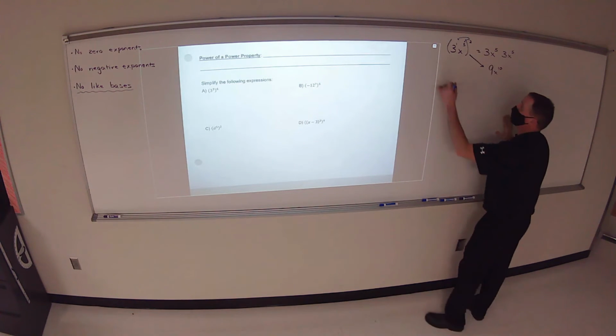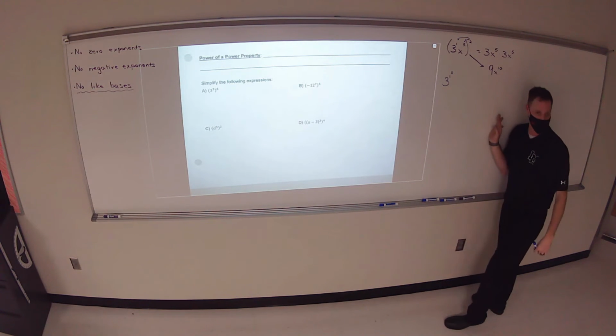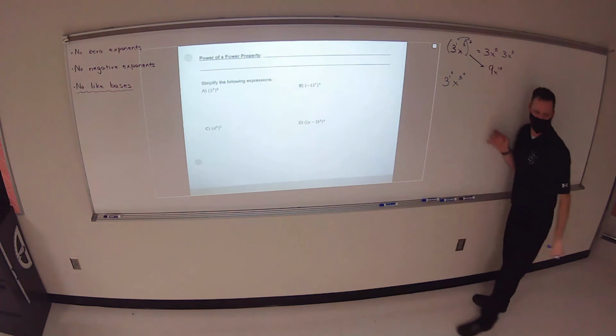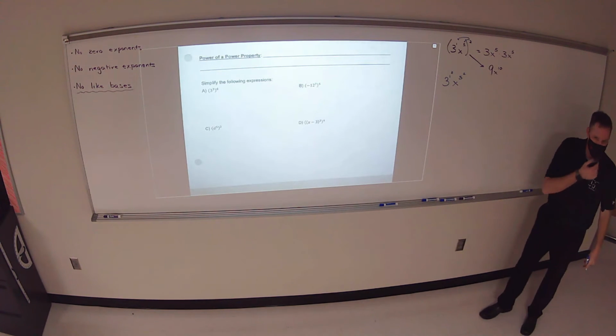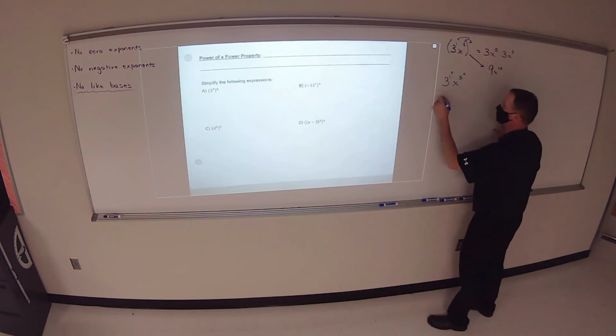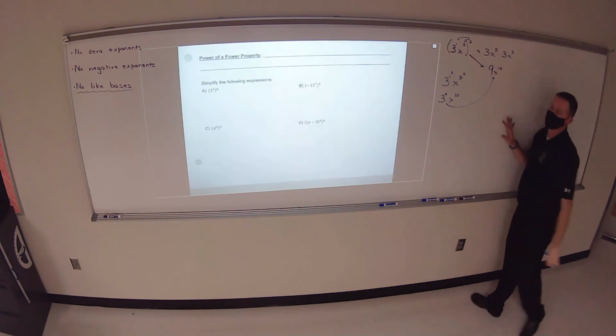So really I have 3 to the 1st being squared, and I have x to the 5th being squared. Does that make sense to everybody? Now, what do we do with the power raised to a power? We multiply: 3 squared, x to the 10th, and that gets me 9x to the 10th.